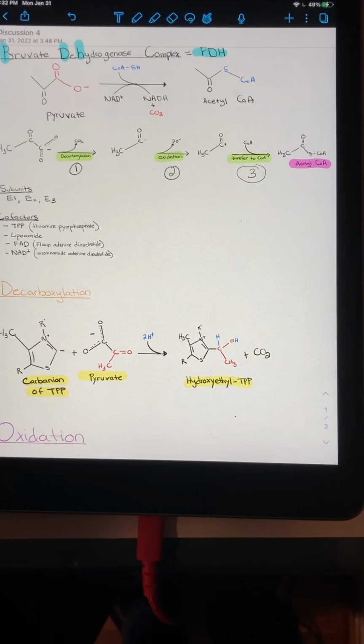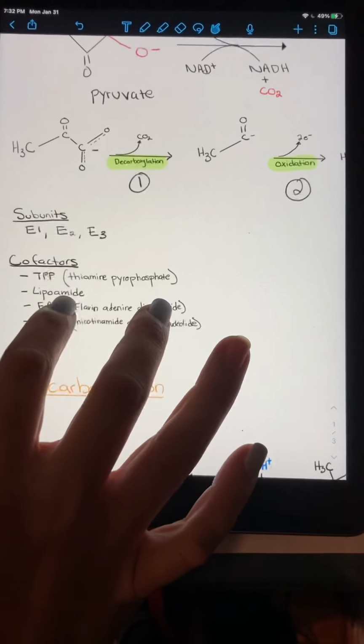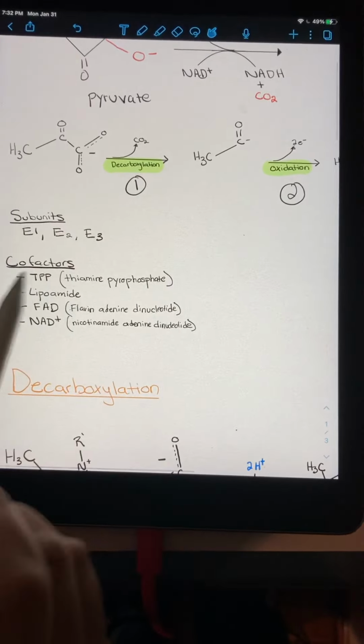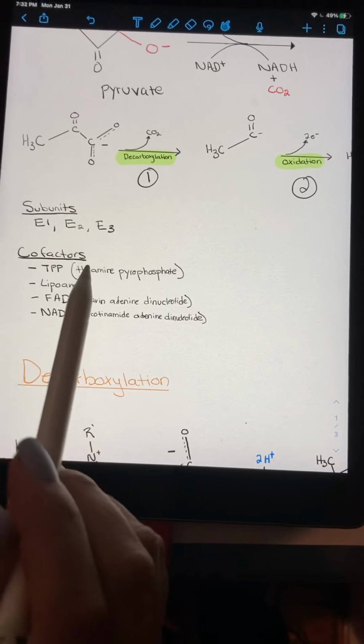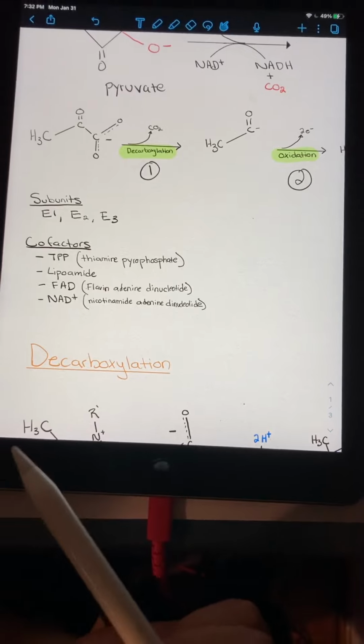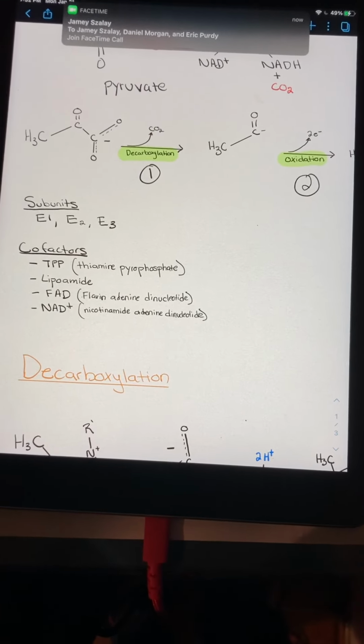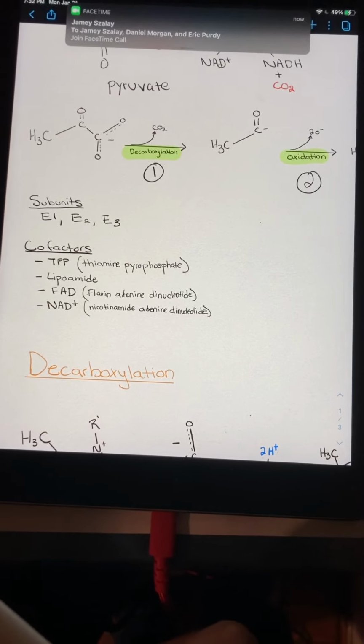So PDH has 3 active subunits known as E1, E2, E3. The reactions performed in the PDH complex have several specialized chemical cofactors that are used by the enzyme subunits.